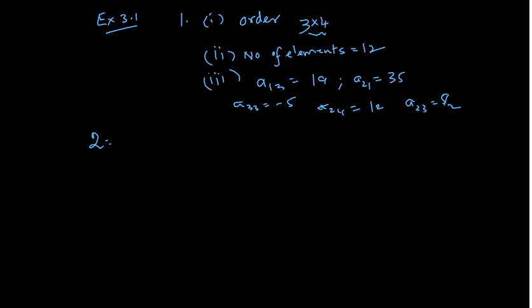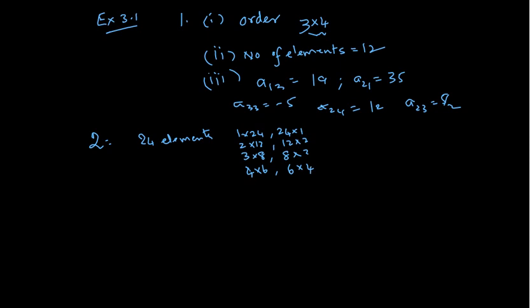It can be 4 by 6 or 6 by 4. That's all, right? No other factors. So these are all the possible orders for that matrix. What if it has 13 elements? Only two are possible. It can be 1 row 13 columns or 13 rows 1 column. So two orders are possible.